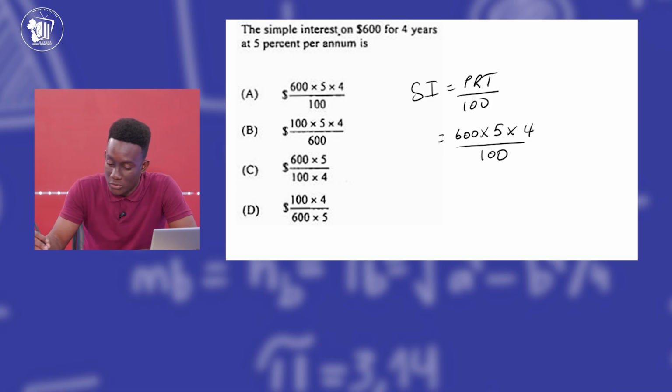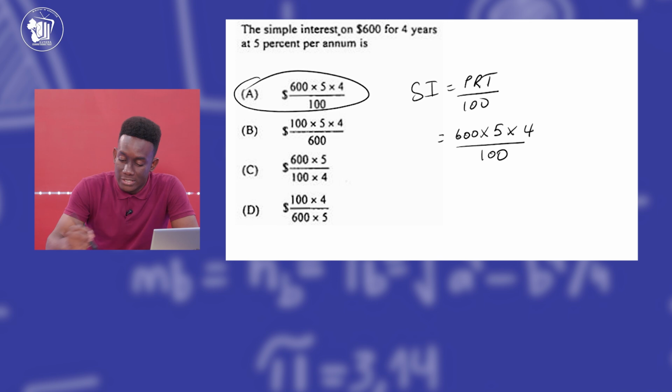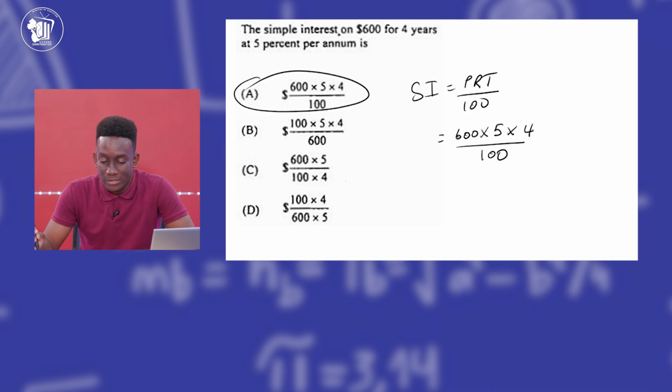So in this case, we want to see which one is the answer similar to this. So we see 600 times 5 times 4. So this answer here would simply be A. So it can't be this because 600 is in the denominator. And here we have that going on, and we know it has to be divided by 100. So that is the answer for this one, as easy as that, very simple.